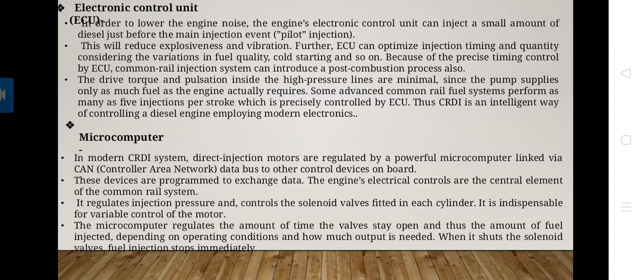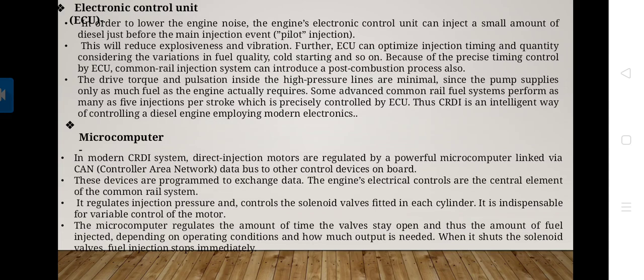The drive torque and pulsation inside the high pressure lines are minimal, since the pump supplies only as much fuel as the engine actually requires. Some advanced common rail fuel systems perform as many as 5 injections per stroke, controlled by the ECU in a CRDI engine. That is, CRDI is an intelligent way of controlling a diesel engine employing modern electronics.